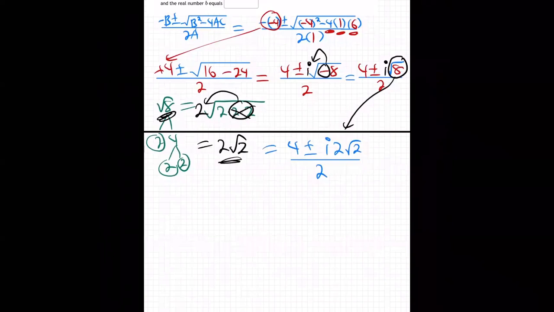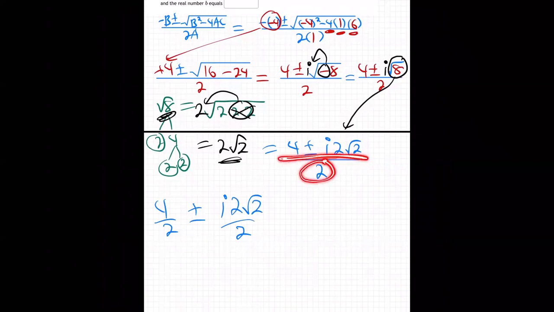So this is 4 over 2 plus or minus i 2 root 2 over 2. See how I separated them with a common denominator? This 2 is under both of them, isn't it? See, the bar goes all the way, which means they're both over that 2. So then I just did them separately. That's the same thing.